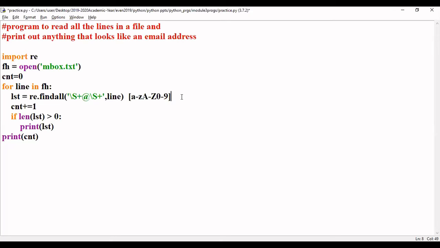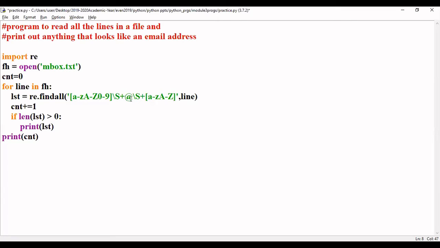So this should be preceded before this, right? Now, after the @ we have non-whitespace characters, and it should also be preceded with uppercase letters and lowercase letters, but we never saw 0 to 9, so we will be removing this.